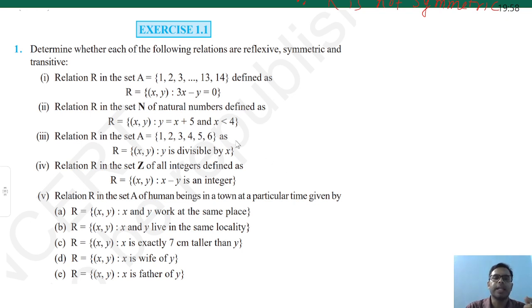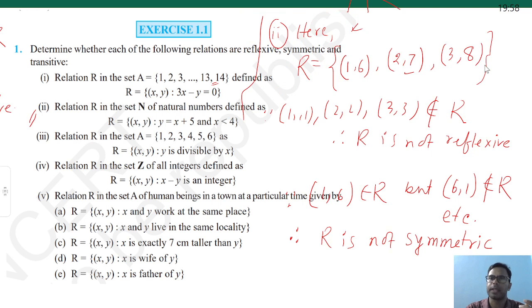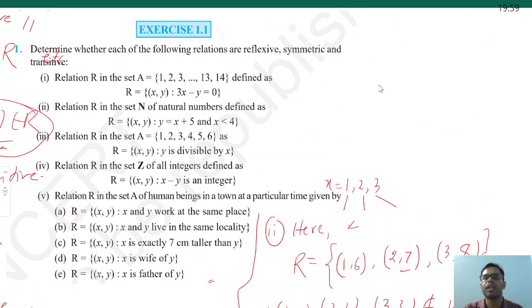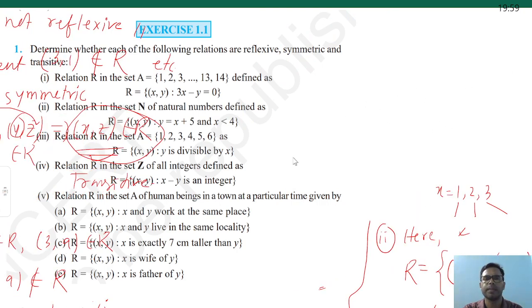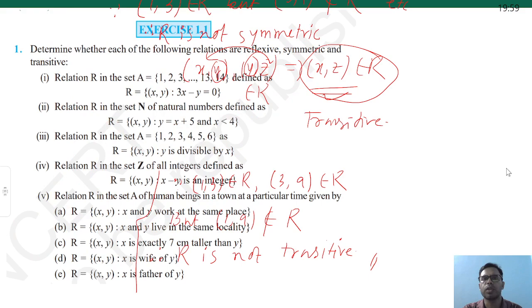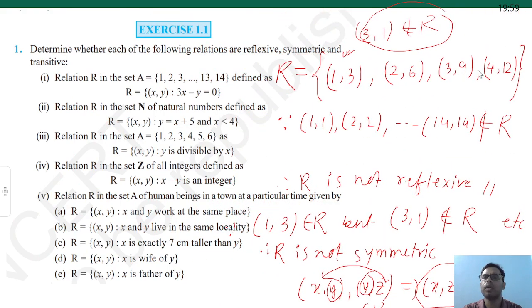This time I am not writing this relation on a manual basis, meaning as a set of ordered pairs, as I did in the earlier ones. There I did so because R contained very few ordered pairs, only 3. And in the first question you solved, there were only 4 ordered pairs. So that is why we wrote those two manually.